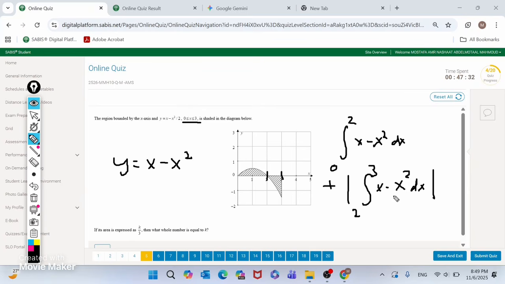Oh, guys, bro, it's x minus x squared over 2. I didn't see this. It's kind of unclear in the question, guys. My bad. Over 2.